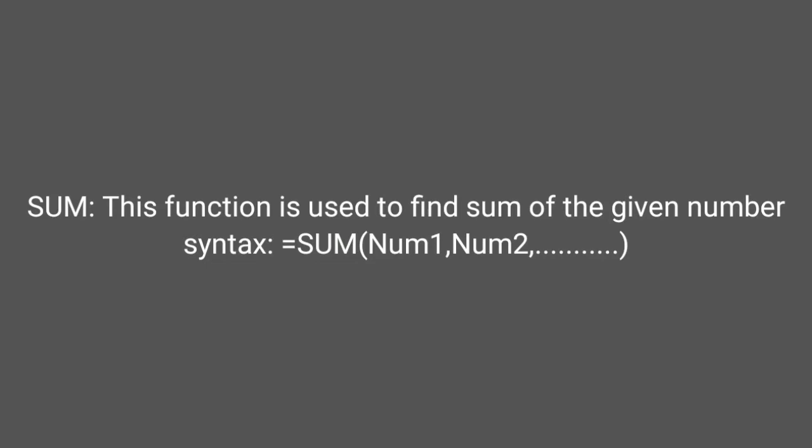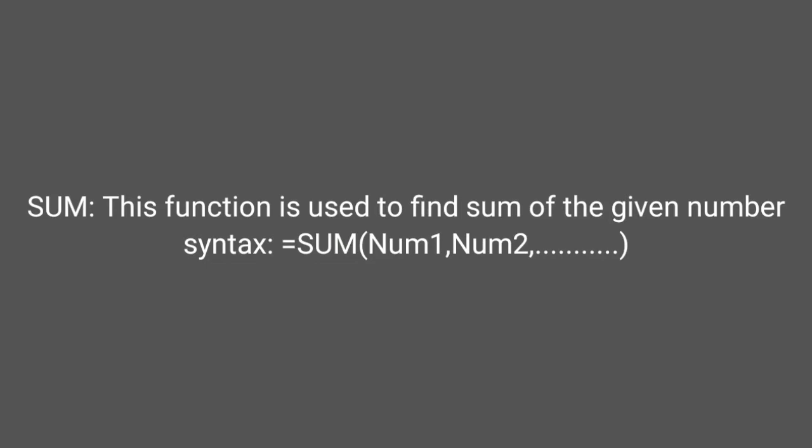We have studied that a function should always start with an equal sign. After the equal sign, we write the function name, which here is sum. After the function name, you write the function arguments, and they should be given inside brackets. Here the arguments are num1, num2, till whatever number you want to enter.